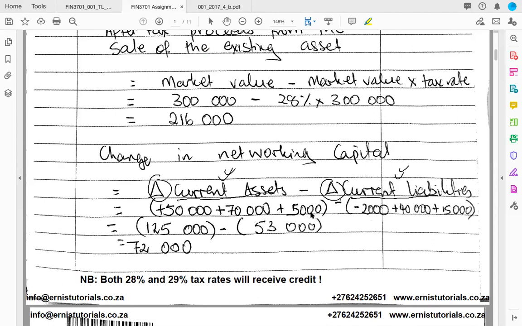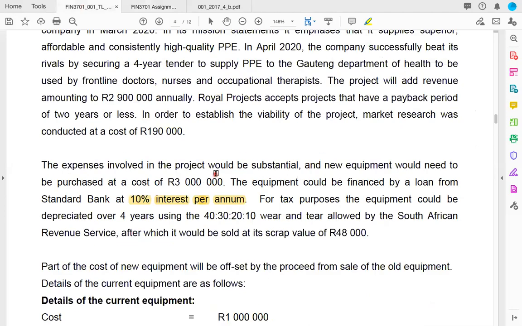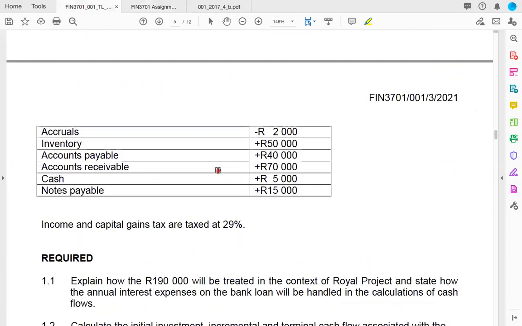For us in this particular case, let's identify where each of these amounts came from. The 50,000 Rand is associated with the inventory, which is a current asset. So we can write it here: change in net working capital is change in current assets minus change in current liabilities.